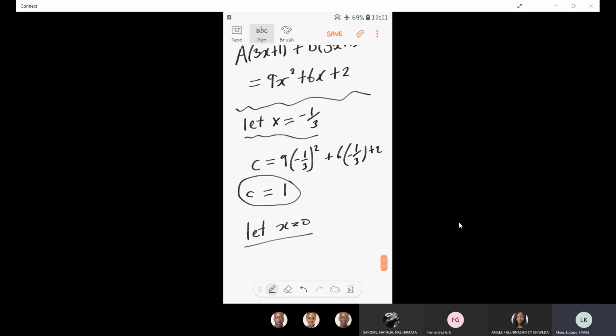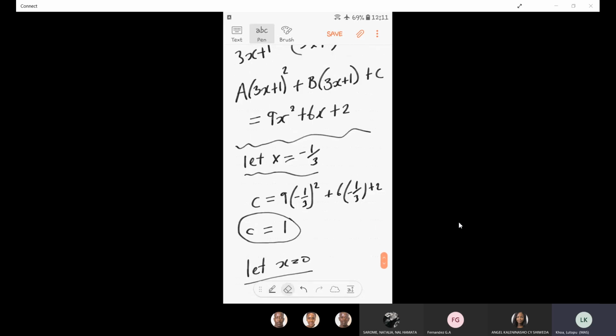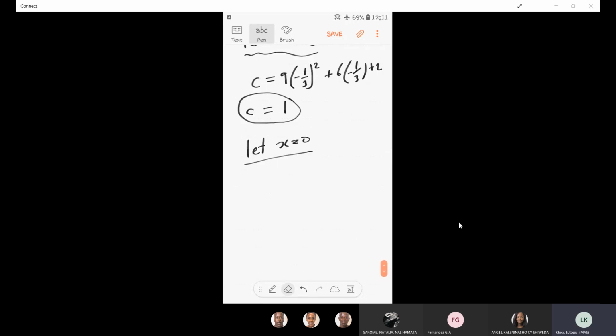Now if x is equal to 0, when I substitute it over there, I will have 3 times 0 plus 1, which is just 1. And over there, I will also have 1. So I'll have A plus B is equal to 2. So when I substitute that, when x is equal to 0, I'll have A times 1 squared, and then B plus 1, and then the C, I shouldn't forget about it.